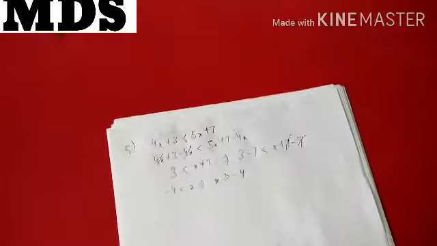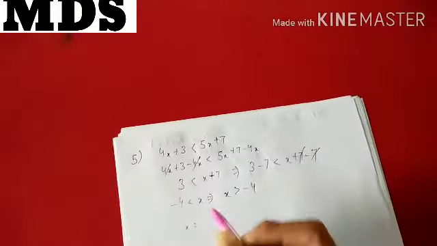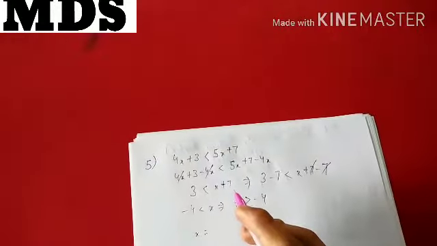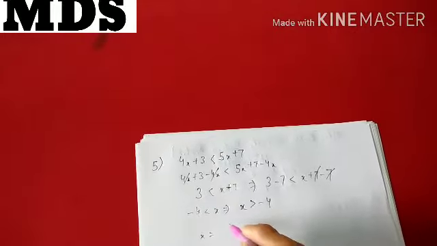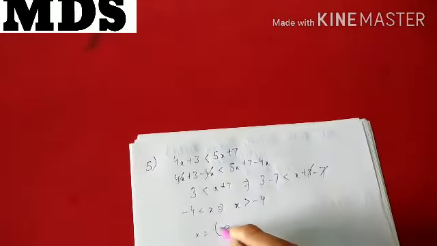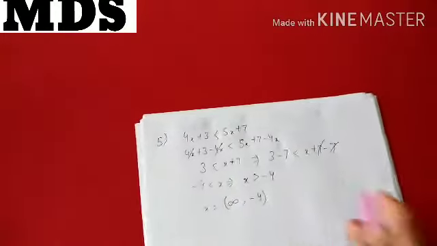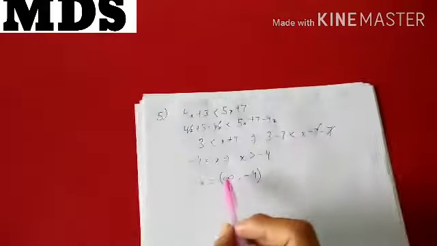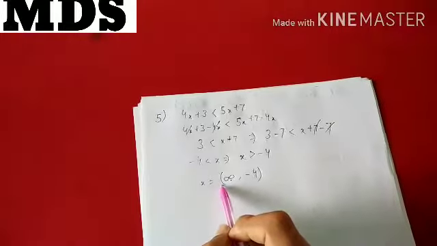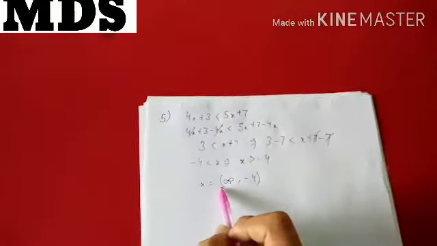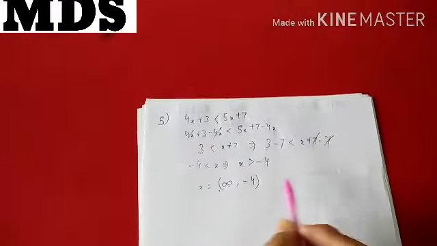So that means what will be the value of x? X value will be open interval from minus 4 to infinity. With infinity we always use small bracket because it is the point where we cannot reach.